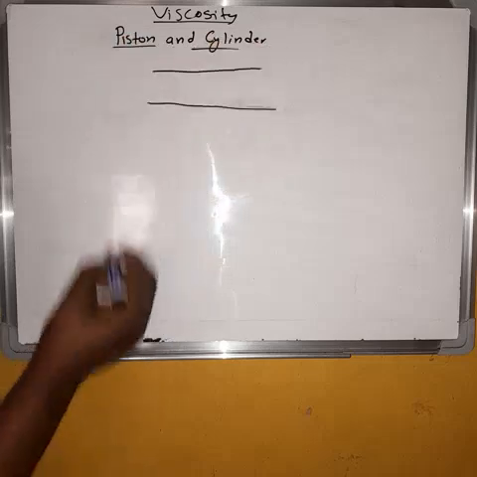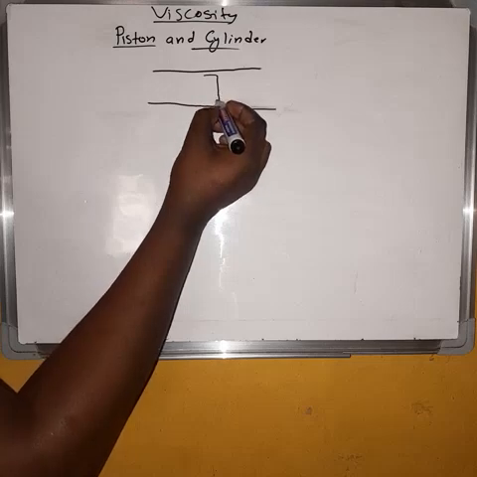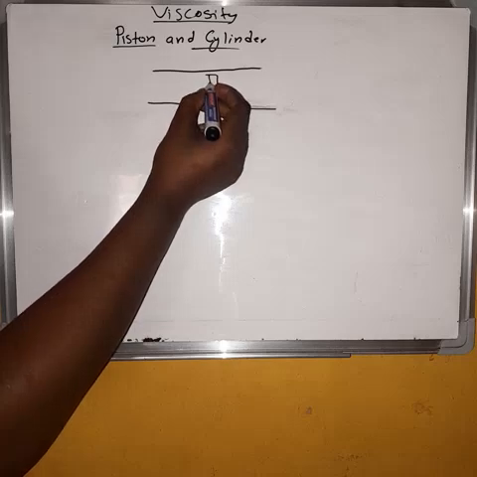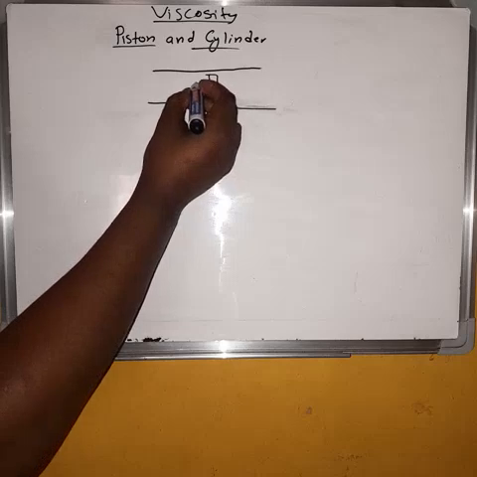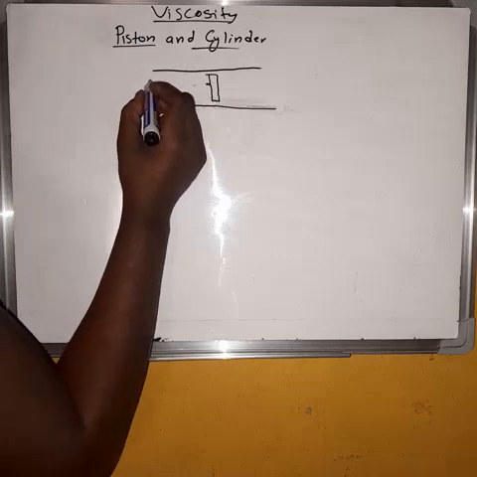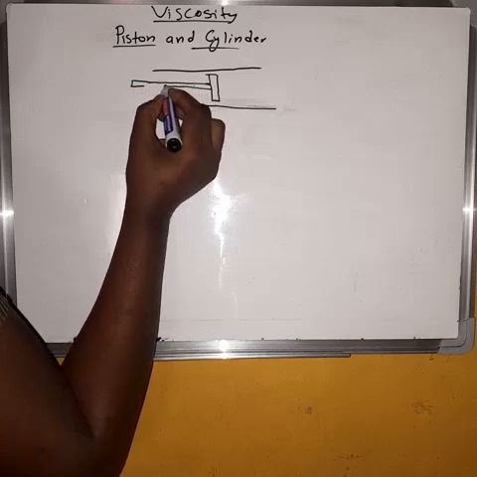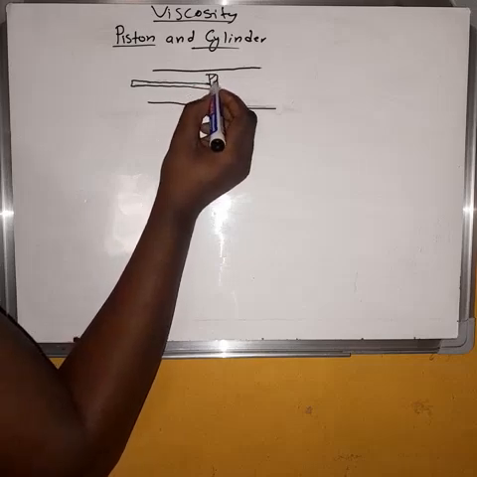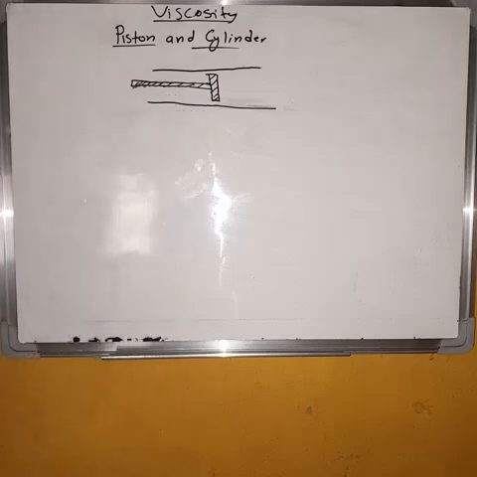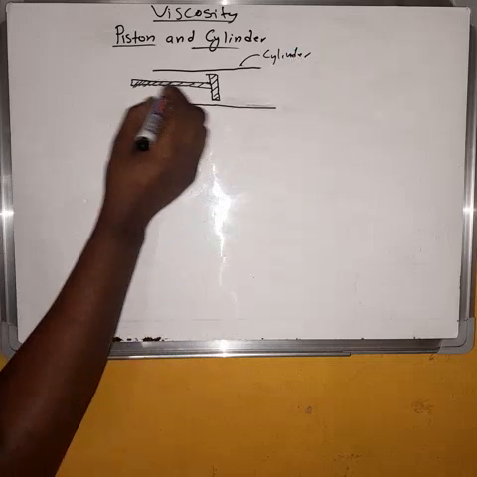Now here is the piston, then here it is a connecting rod. This is a cylinder. This is our piston.